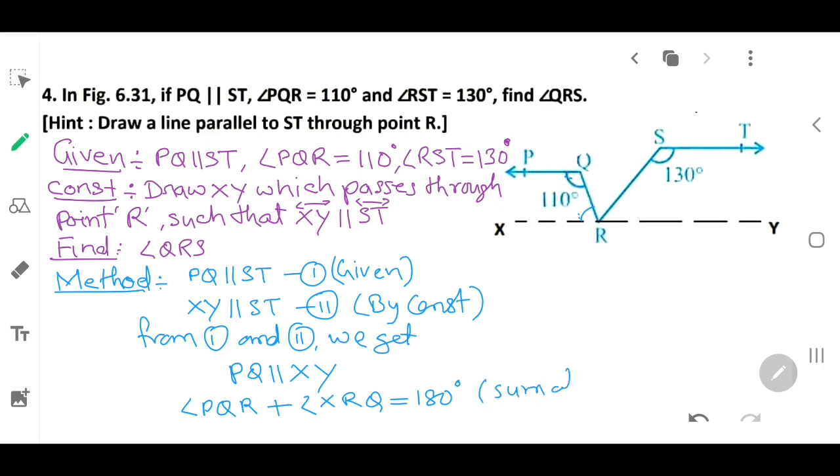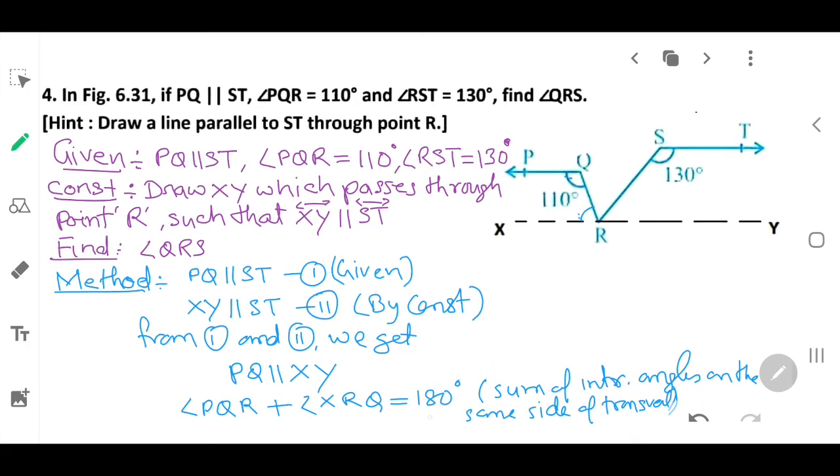Sum of interior angles on the same side of transversal. So their sum we got 180 degree. Correct?